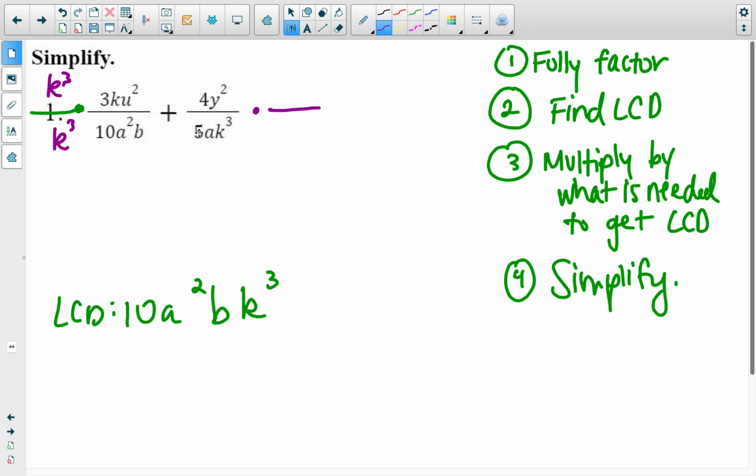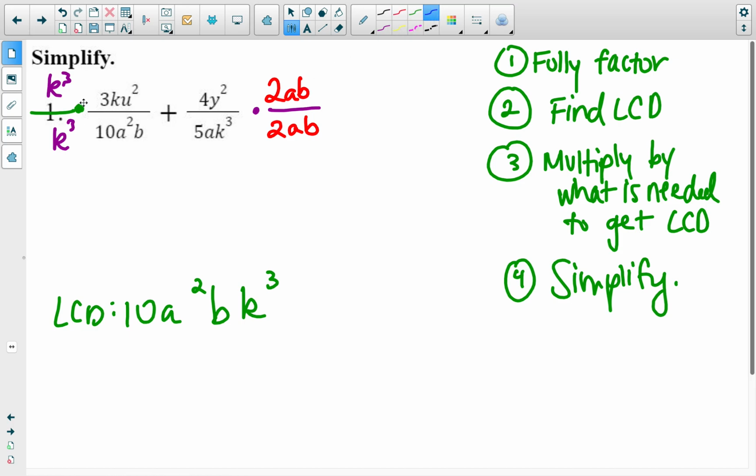Our other fraction, 5a k to the third, in order to get from 5 to 10, we need to multiply by 2. In order to get from a to a squared, we need to multiply by a. In order to get from no b to having a b, we need to multiply by a b. K to the third is already here, so we do not need to multiply by k at all. So 2ab over itself is what we need to multiply by for this one. Okay.